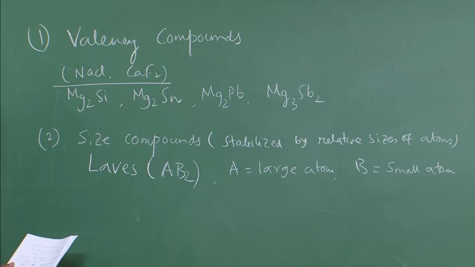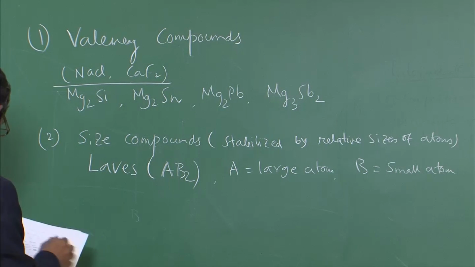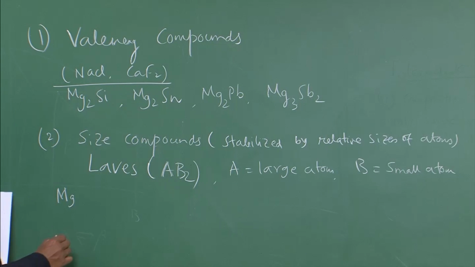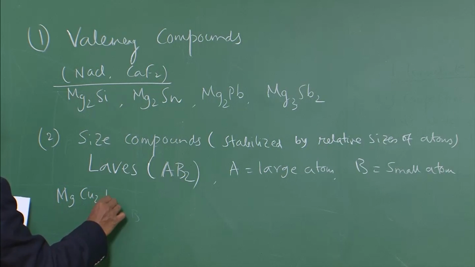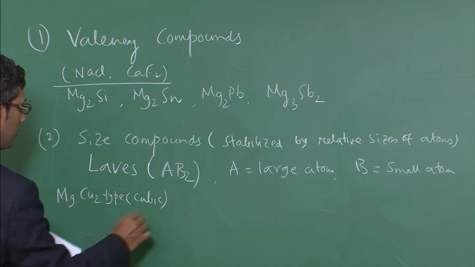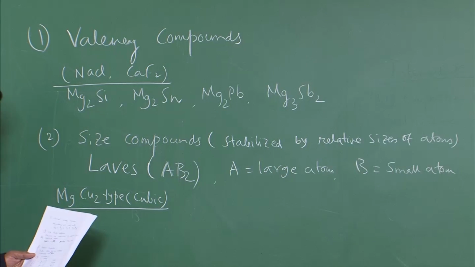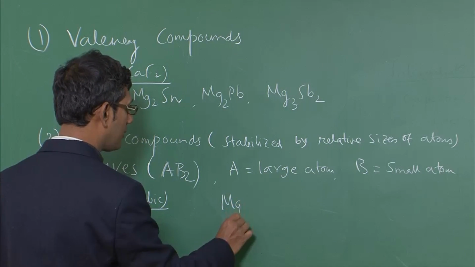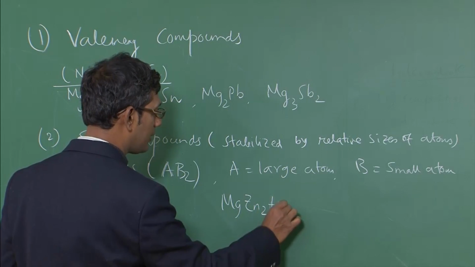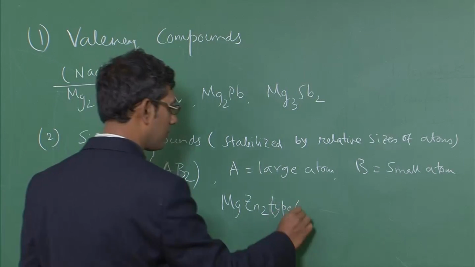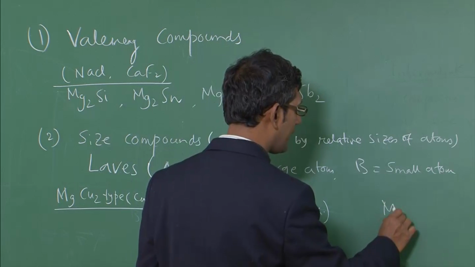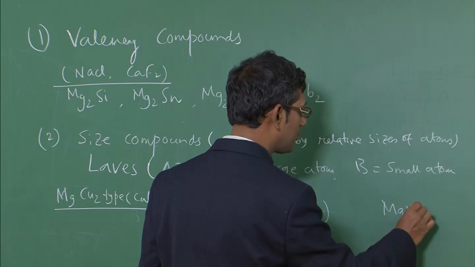Now what are these? These are very simple. There are many examples. First let me give an example, then I will talk about the structures. MgCu2 type, they are cubic, and then MgZn2 type, these are hexagonal, and the last one is MgNi2 type.